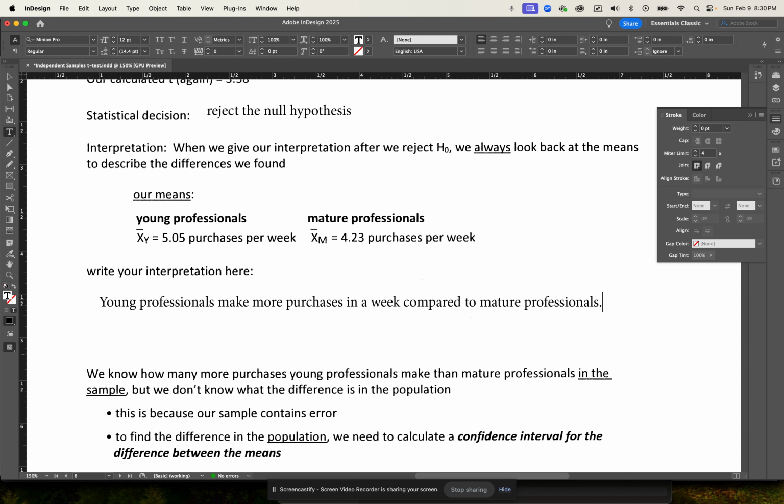And at this point in your analytics courses, you've seen two other confidence intervals. So you have a confidence interval for the mean, and then you have a confidence interval for the percentages. Here's a third one, confidence interval for the difference between the means.